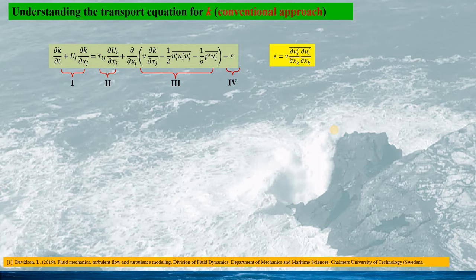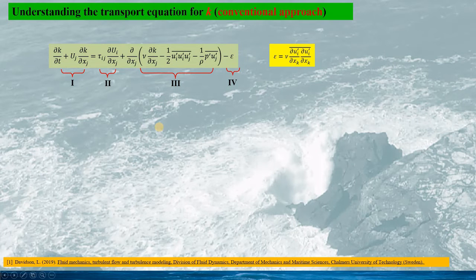To understand the transport equation, we can write the equation in this form, following the reference, the online book Fluid Mechanics, Turbulent Flows and Turbulence Modeling. We generally have 4 different regions in the transport equation for the turbulent kinetic energy, termed using numbers 1 to 4.